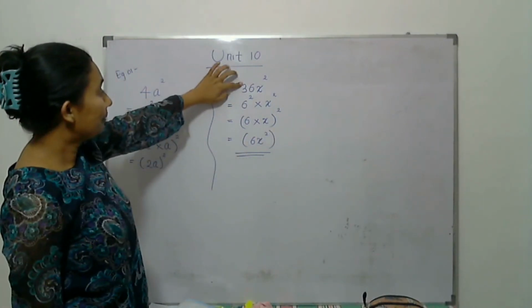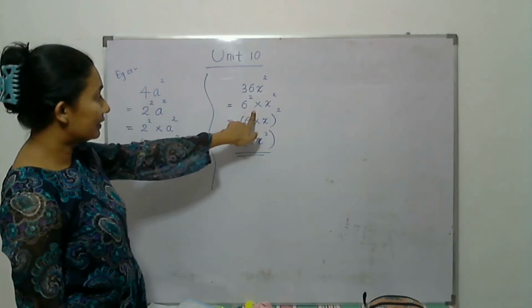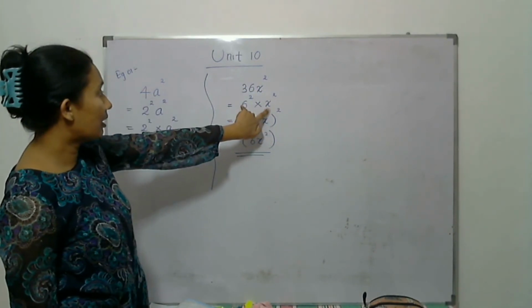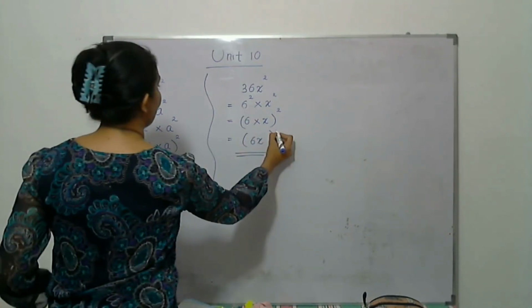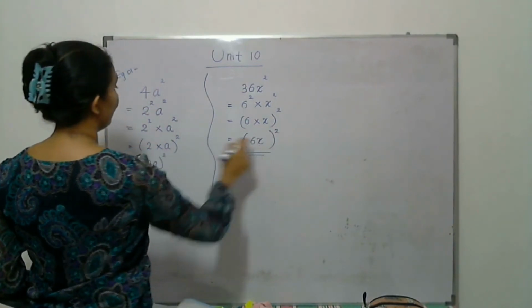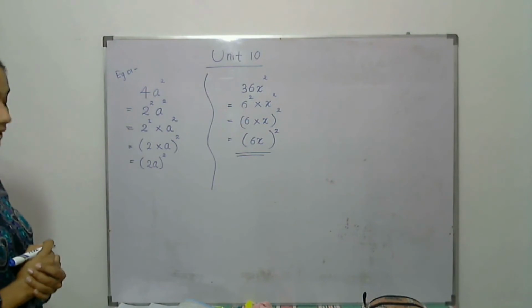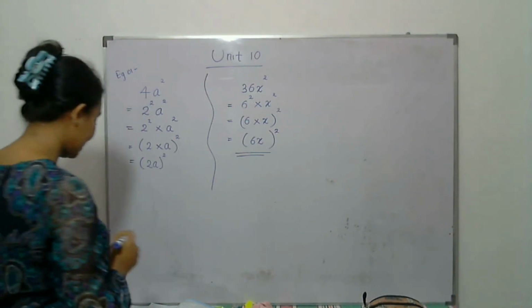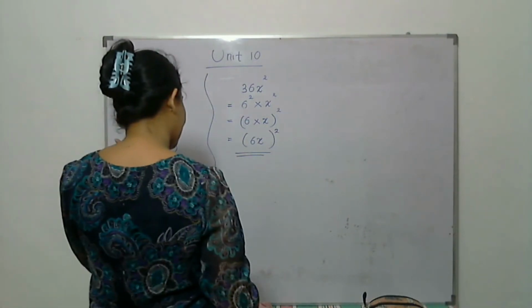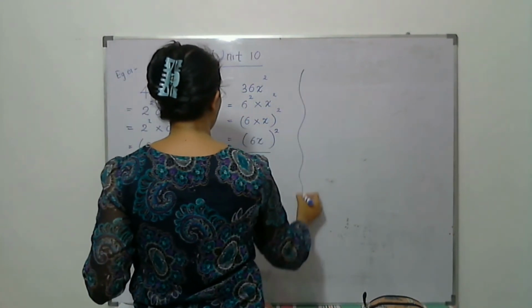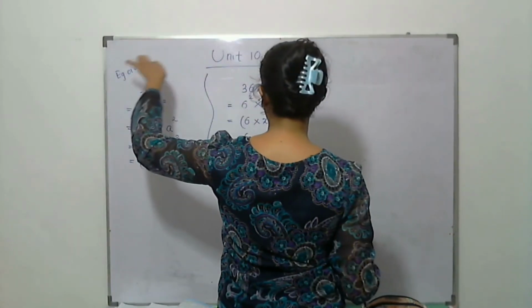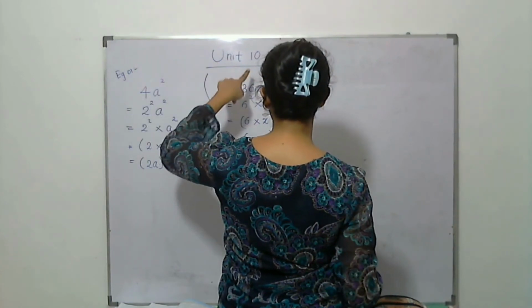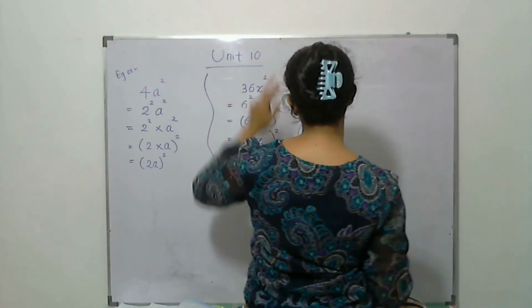Here product of powers as a power of a product. Now this one. Third example. Here we have a multiplication between a number and a power.